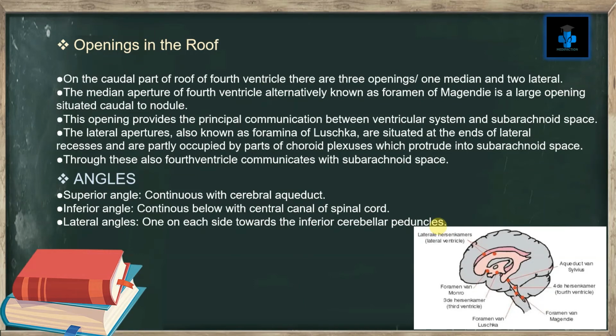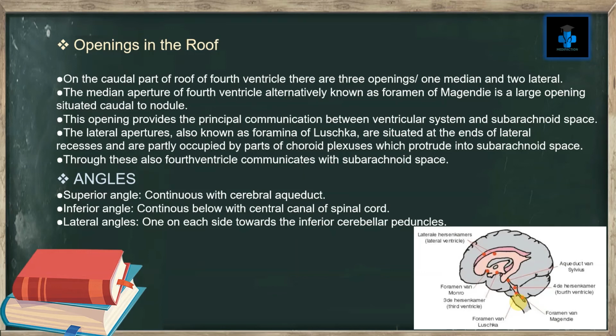The median aperture of fourth ventricle, alternatively known as foramen of Magendie, right here, is a large opening situated caudal to nodule. This opening provides the principal communication between ventricular system and subarachnoid space.